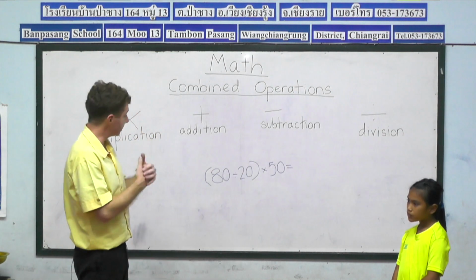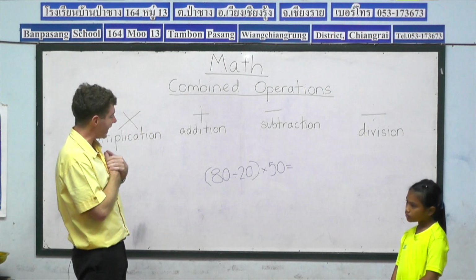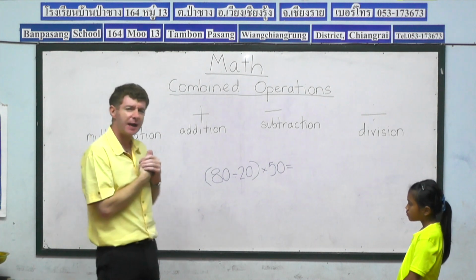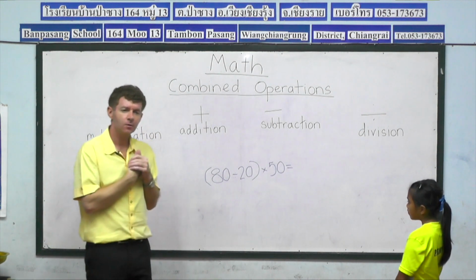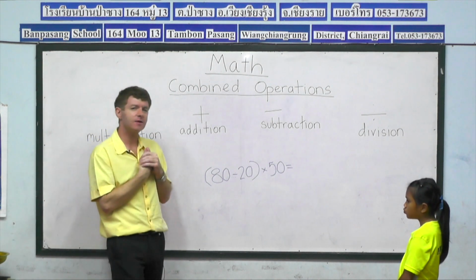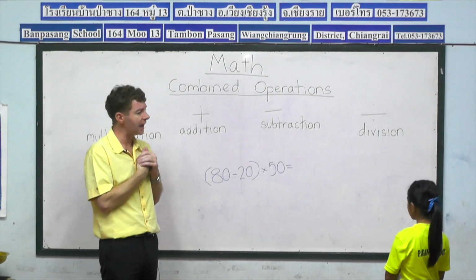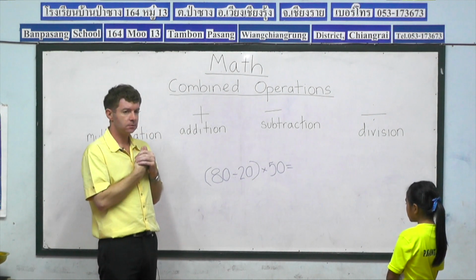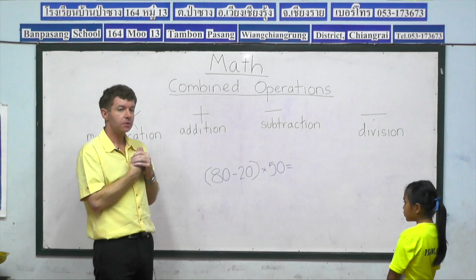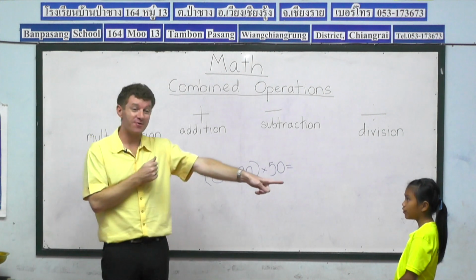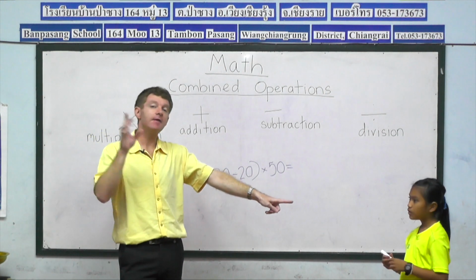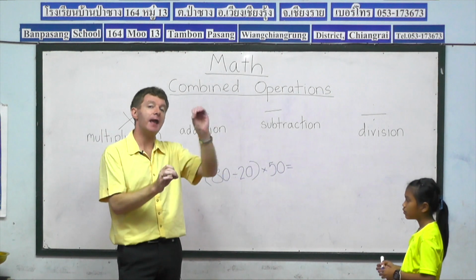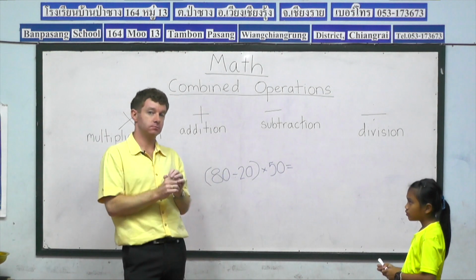So, first calculation, Pak Bung, 80 divided by 20. What do we think? How many times can 20 go into 80? 4. Perfect. I was about to say, if you're struggling, think about 8 divided by 2.